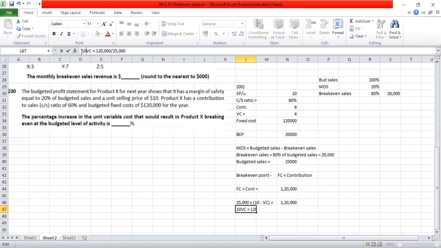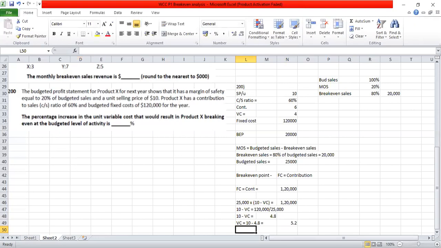10 minus variable cost is equal to 4.8. So variable cost is equal to 10 minus 4.8, which is 5.2.